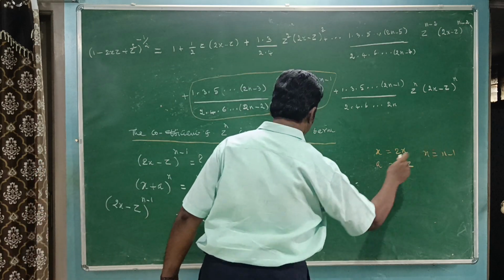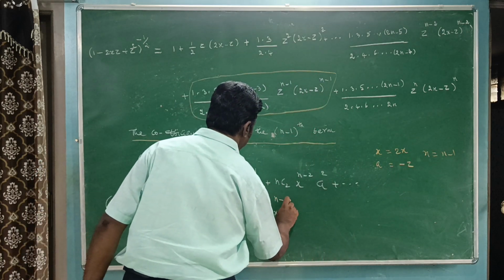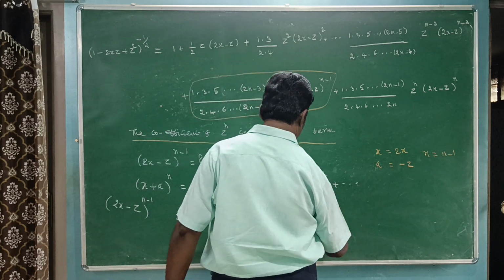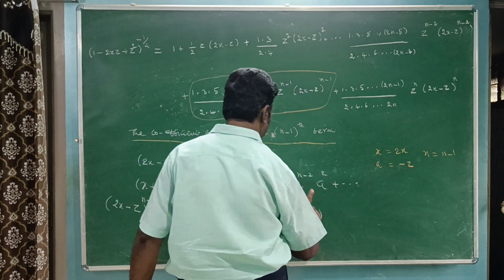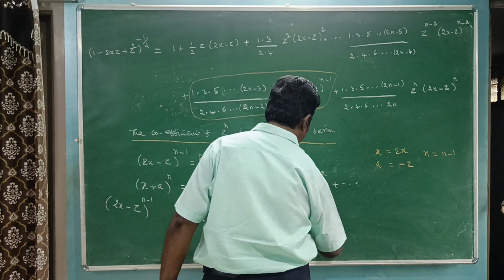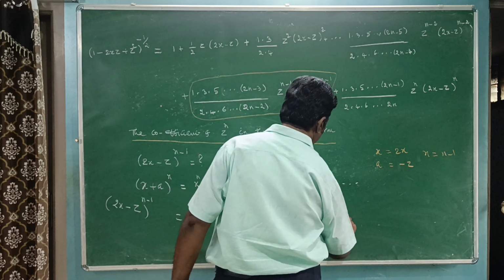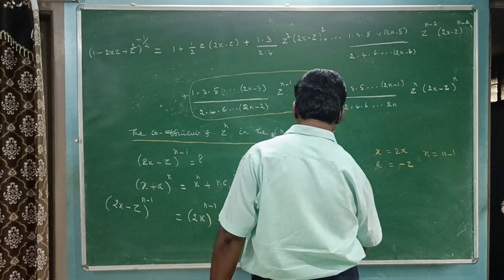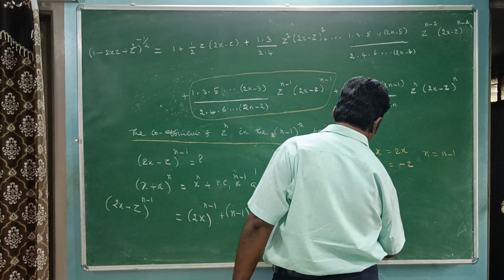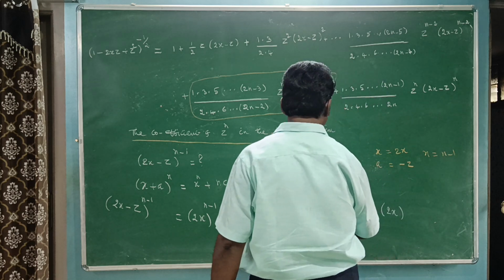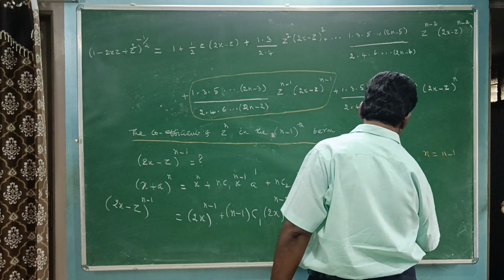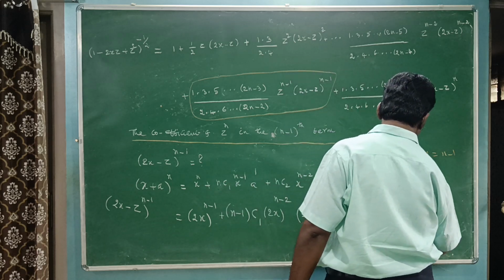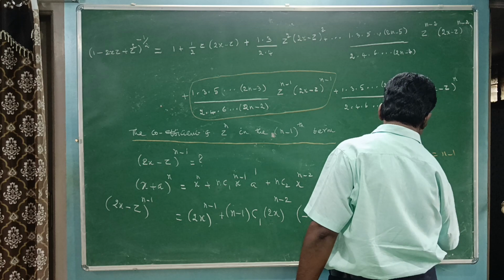In our case n is equal to n minus 1, so here we put n minus 2 into a power 1. The value of a is minus z, so minus z power 1, that is minus z. Plus nC2. The value of n is n minus 1 here. Then C2, x value is 2x power n minus 3. Here n is n minus 1, so this is n minus 3 into a square. A is minus z, so minus z whole square.